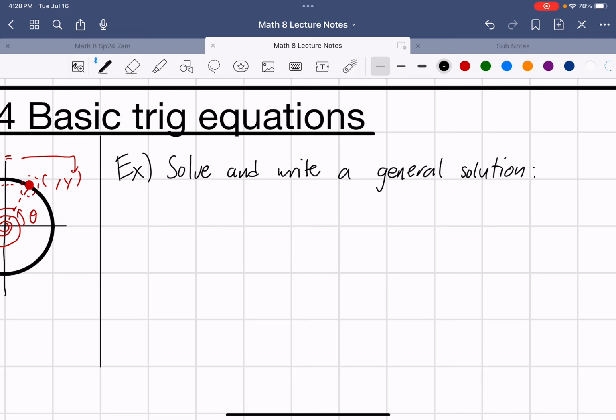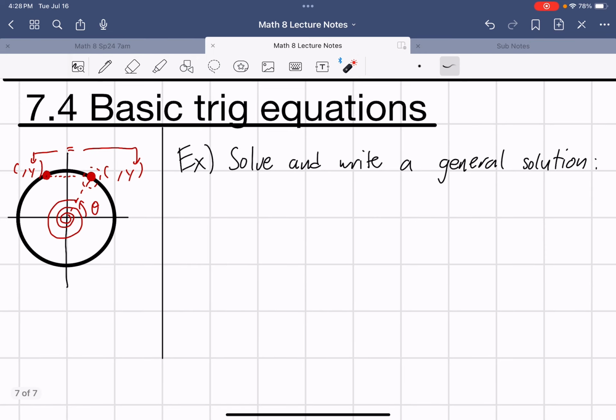In some situations, you might only be asked to find the solutions that are within one rotation of the unit circle, or within one interval, depending, because I'm not going to always refer back to it as a unit circle, but we might refer to an interval versus an infinite interval where there's an infinite amount of solutions. But even in those infinite amount of solutions, there's really only a couple unique positions, but you can get to that position an infinite amount of times.